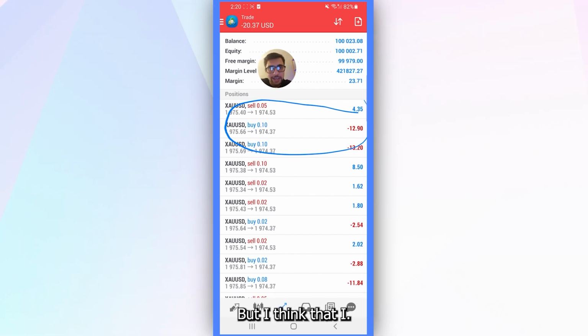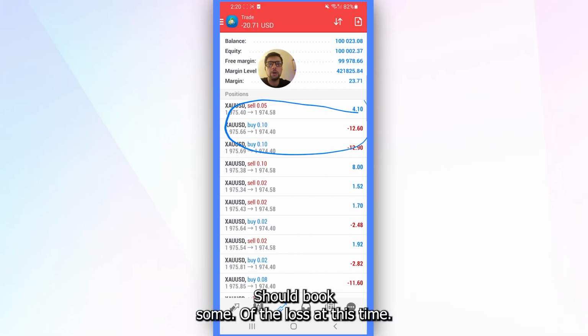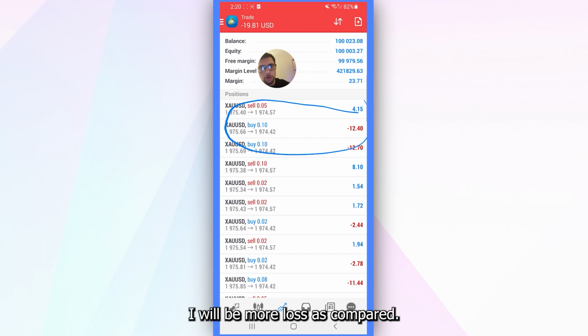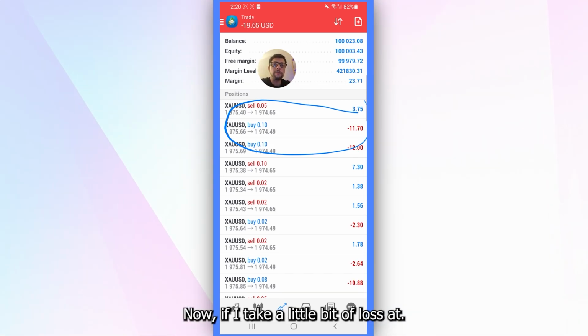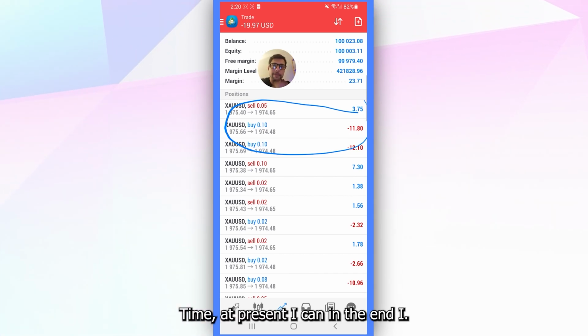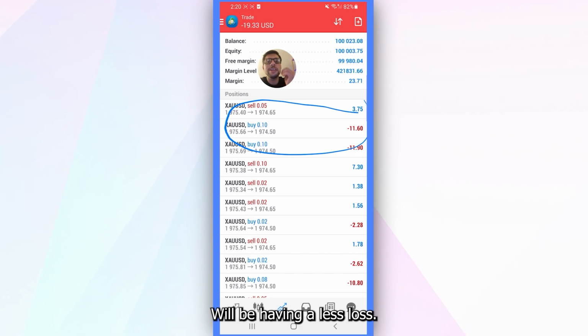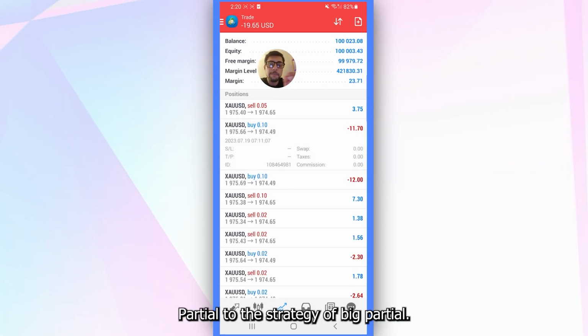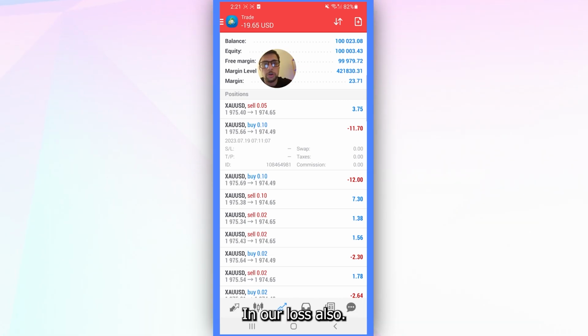But I think I should book some of the loss at this time, because if my SL of 50 pips hits, I will be in more loss. Now if I take a little bit of loss at present, in the end I will have a smaller loss. So we can also do the strategy of take partial on our loss.